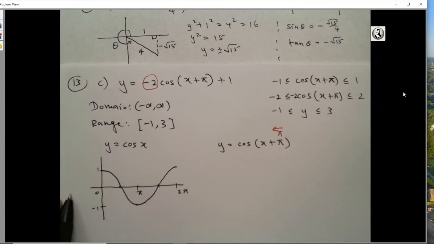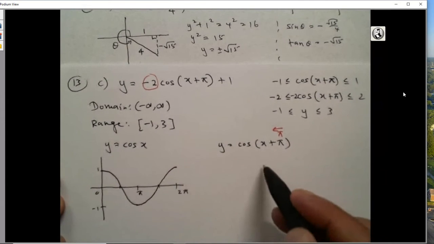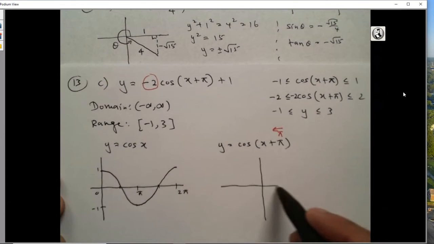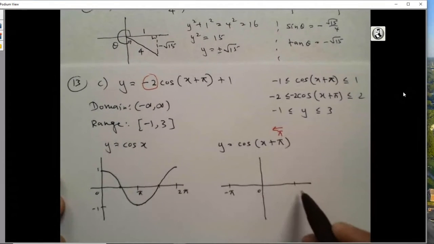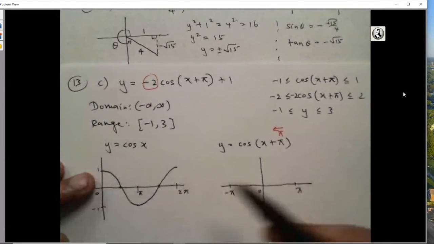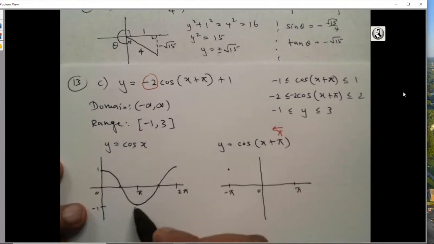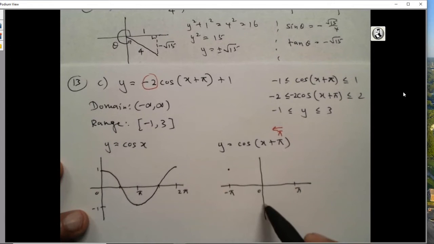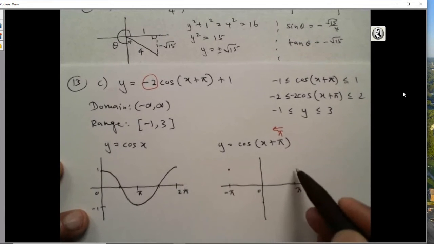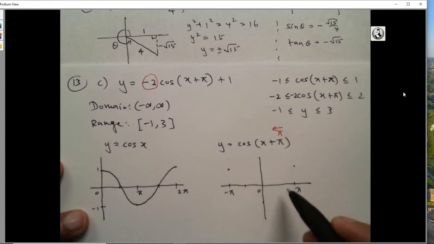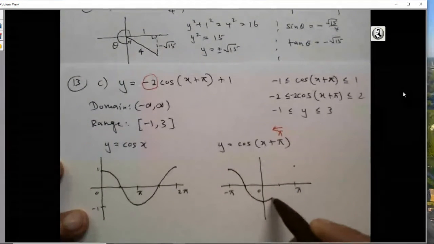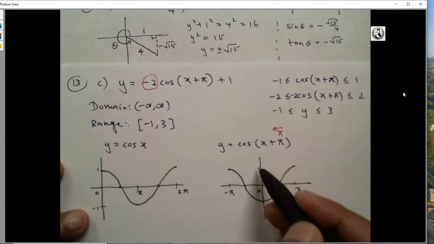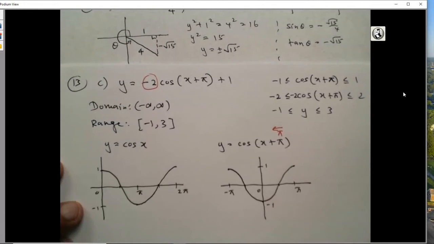That means 0 goes to negative pi, pi goes to 0, 2 pi goes to pi. So your graph is going to look like this now, with negative pi, 0 and pi. That's what happened when you shift. The 1 goes here, the negative 1 goes there, and the 1 goes there. This is a halfway point. That means your graph is going to look like this. Again, still between 1 and negative 1.